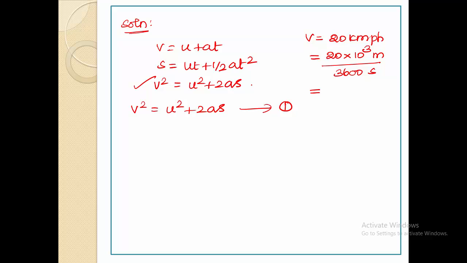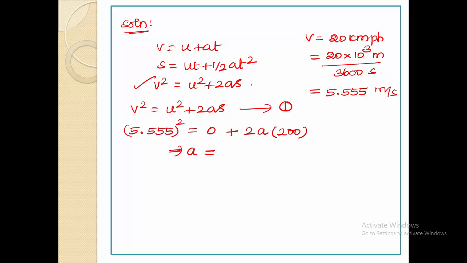So v will be 5.555 meter per second. Then 5.555 square equals the initial velocity 0 plus 2 into acceleration a into the distance traveled, 200 meter. By resolving this equation, we get the acceleration a as 0.077 meter per second square.